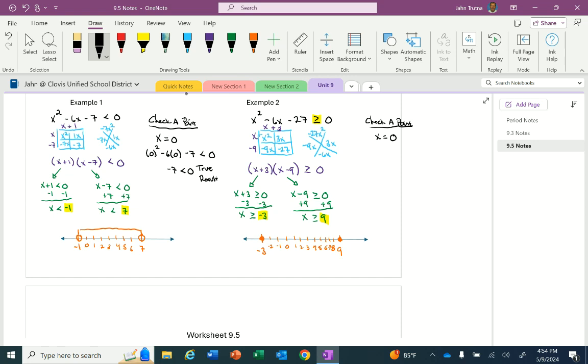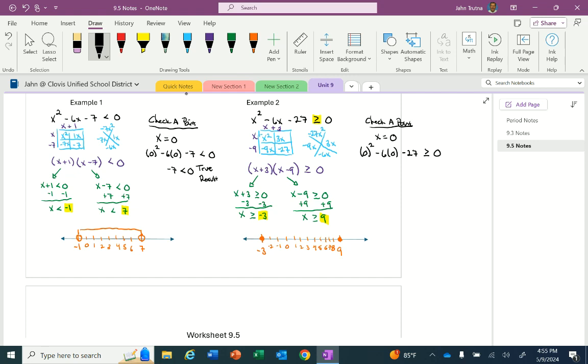I'm going to take that number 0. I'm going to plug it into my original inequality. So I'm going to get 0 to the second power minus 6 times 0 minus 27 is greater than or equal to 0.